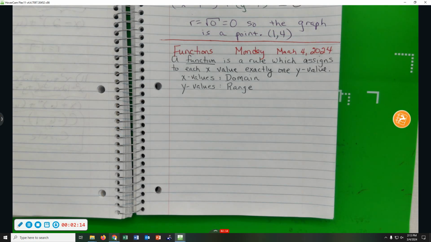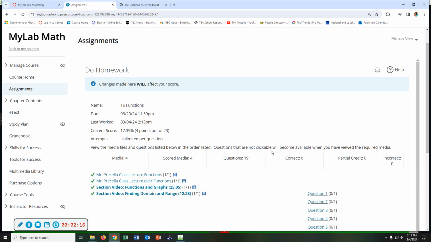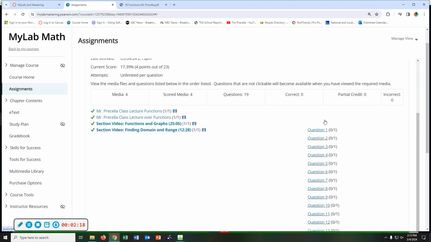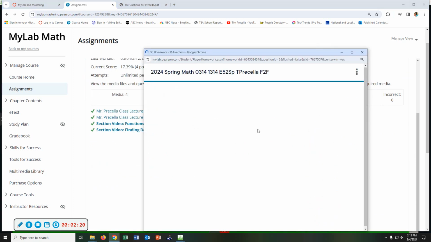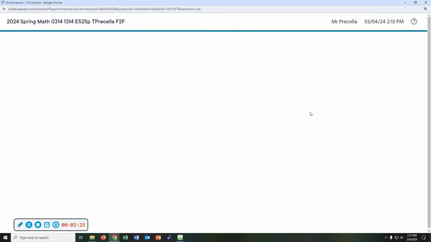Oh, is that problem 1? No, it's something from the next section. How the heck did it get that? Look at how slow we are today. The one over there, the processor, it's a new one, and it is very fast. Maybe we want to close it out and open it up again.